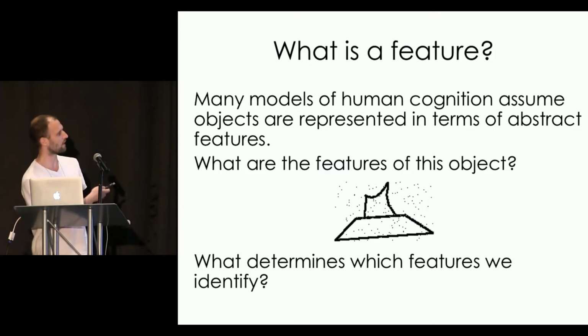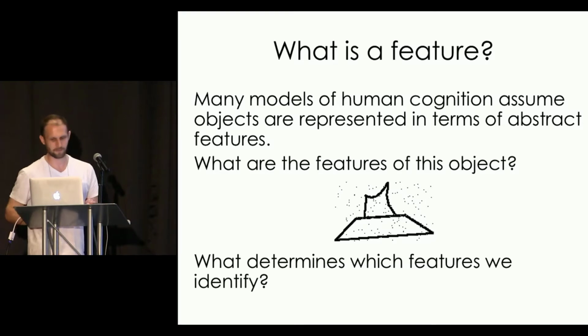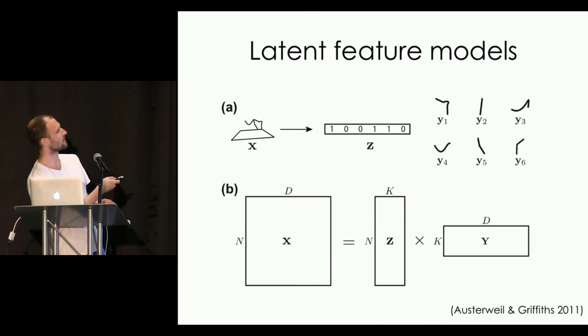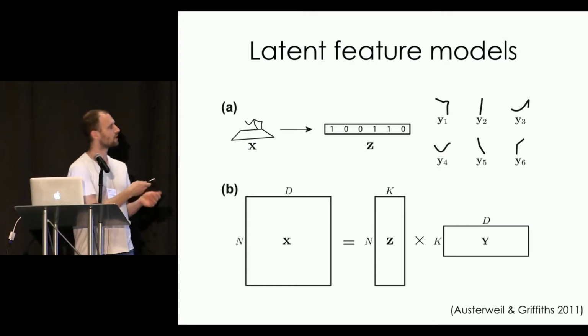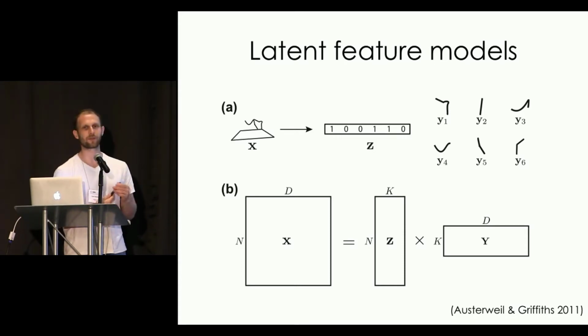So Joe Osterweil has this example of, he'd show these shapes to people, and the question is, how do we figure out what are the underlying features of this object? And the solution that he proposed in its simplest form, he had more elaborate versions of this idea, is to decompose this picture into a linear combination of a set of object features and this binary vector that tells you whether a particular feature is present in the image or not.